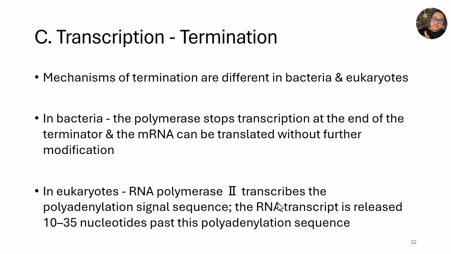It transcribes that, but it is important. So it has to go a little bit past the gene and include that sequence. Then the RNA transcript is released, 10 to 35 nucleotides past that sequence. So there's a little bit extra added on in the eukaryotic mRNA.